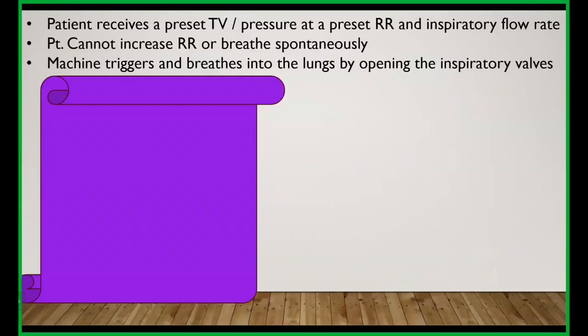In this mode, that is in control mandatory ventilation, you always preset a tidal volume as in the case of volume control ventilation, and preset pressure as in the case of pressure control ventilation. Then your respiratory rate will also be set and your inspiratory flow rate will also be set. In this mode of ventilation, the patient can never breathe spontaneously, so he can never hyperventilate or hypoventilate.